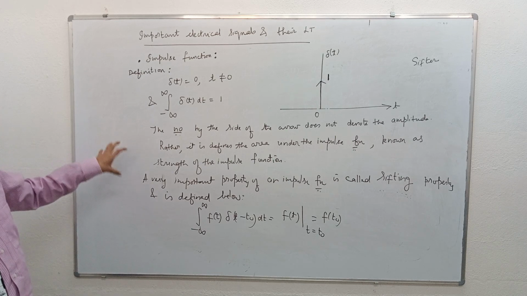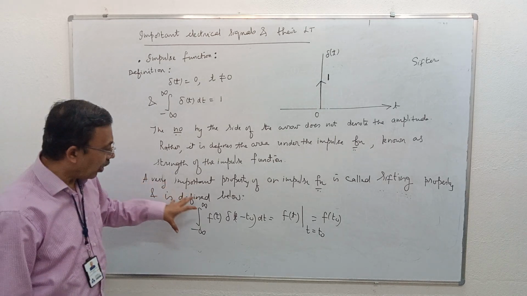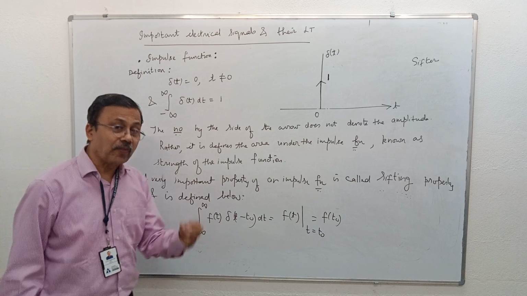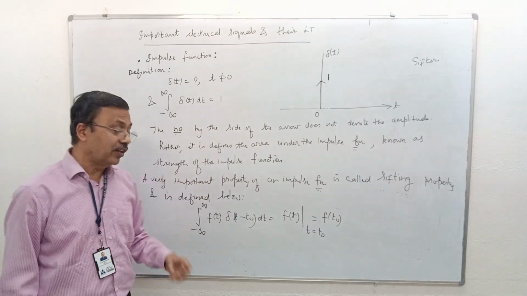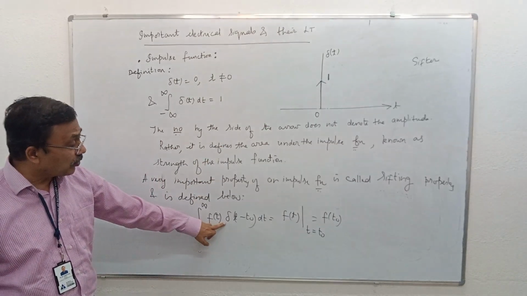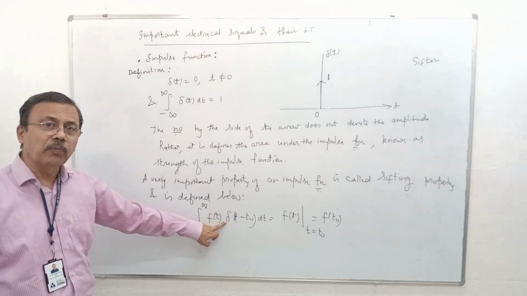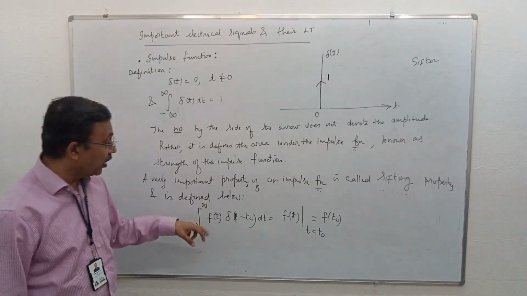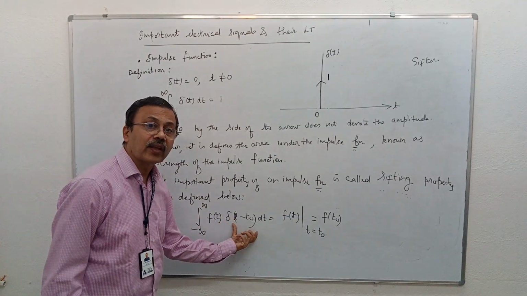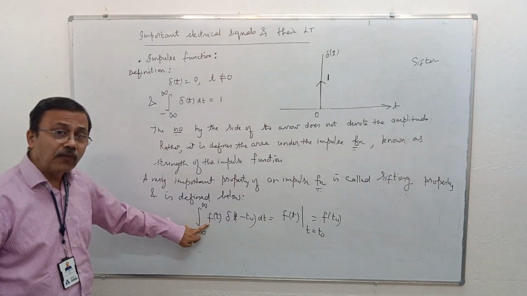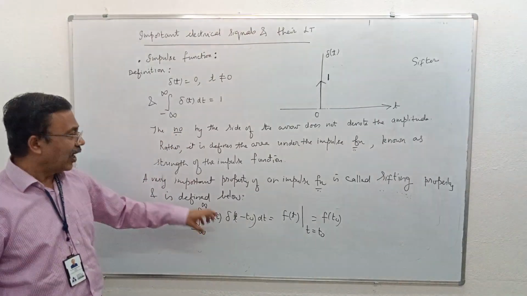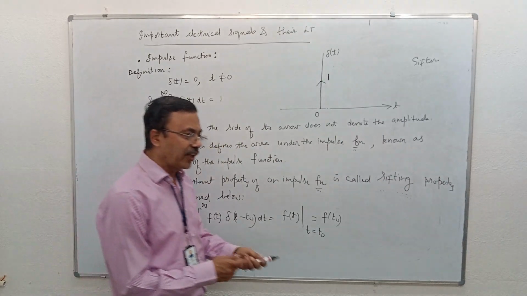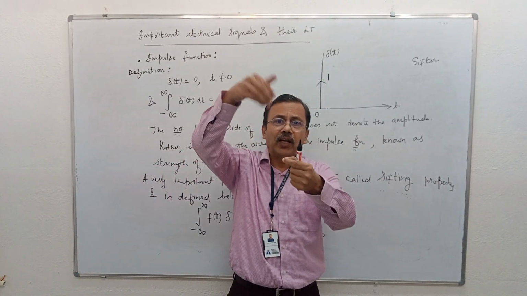So this property is used for evaluating an integral when an impulse function is present inside the integral. This impulse function is present at t equal to t naught. Therefore, the function f of t gets evaluated at the location of the impulse. In a strainer, where do the particles pass through?